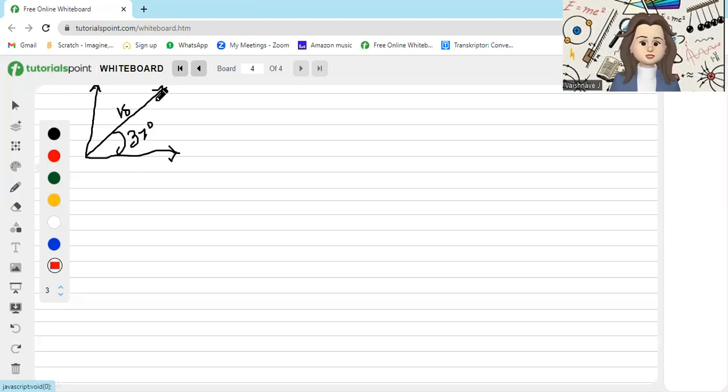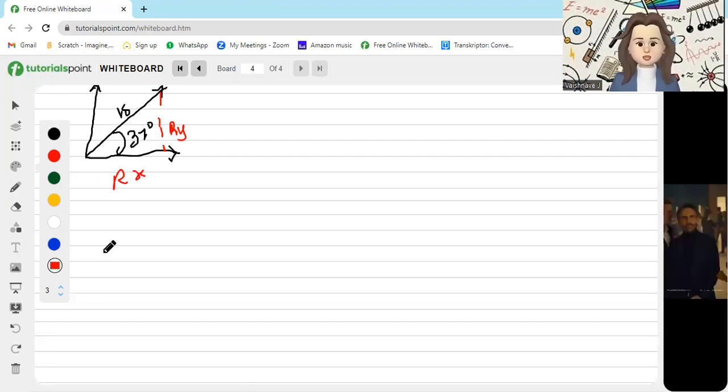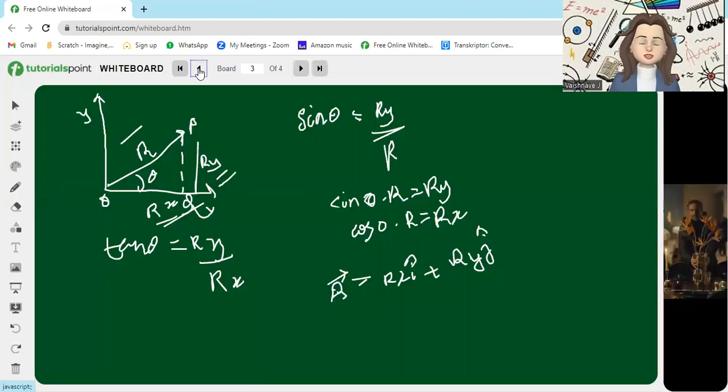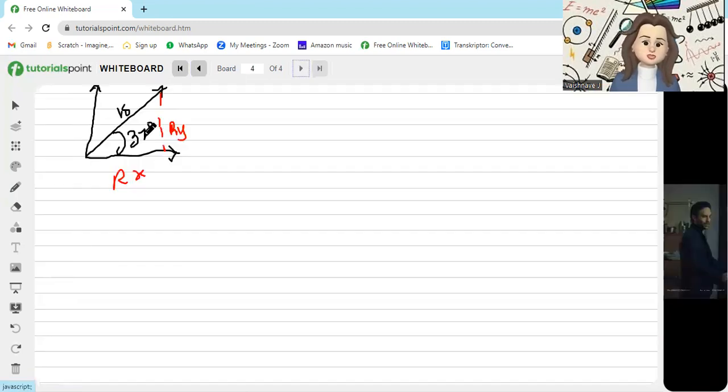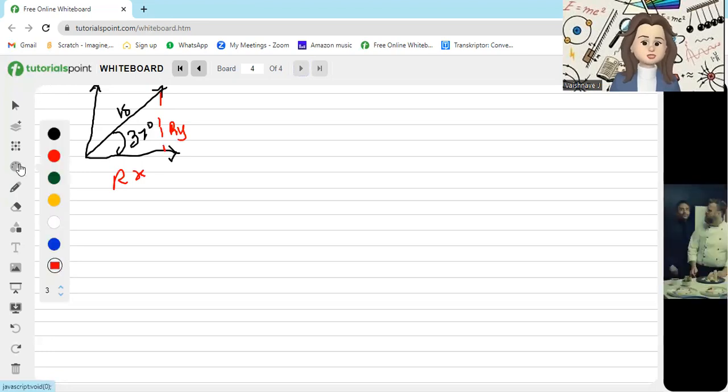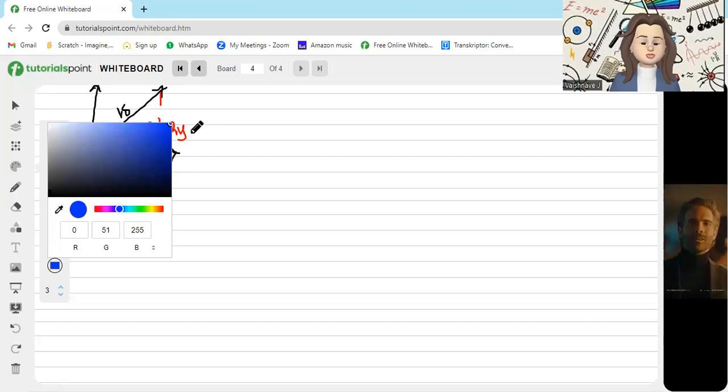Now we draw an imaginary line and name this as ry and rx. They're telling us to write the vector form of this. Previously we have remembered our vector form, so we are going to solve this into components and write it in vector form.